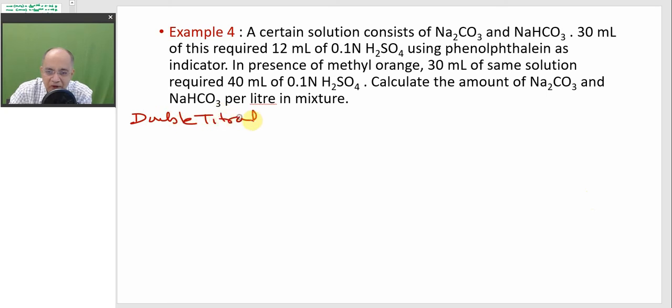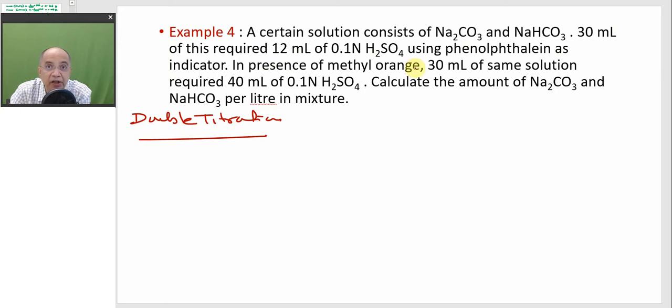Now see. Very simple. This is double. Why? Because I know. Let me read out. A certain solution consists of sodium carbonate and sodium bicarbonate. 30 ml of this required 12 ml of 0.1 N sulfuric acid, using phenolphthalein as indicator.